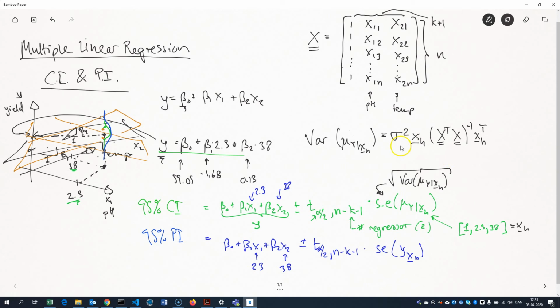So that gives you the variance of this mean. That's basically the variance of the green curve here. If you want the standard error, which we do, we'll just take the square root of this number here.